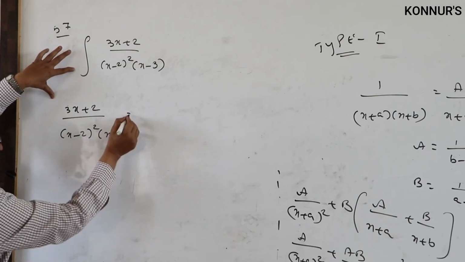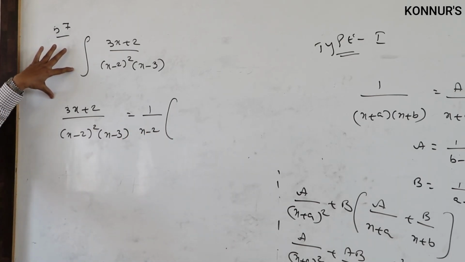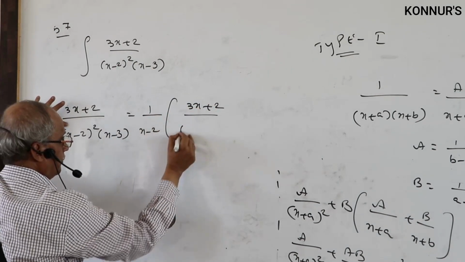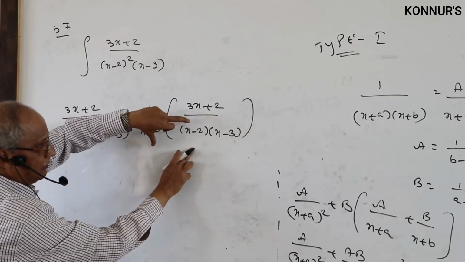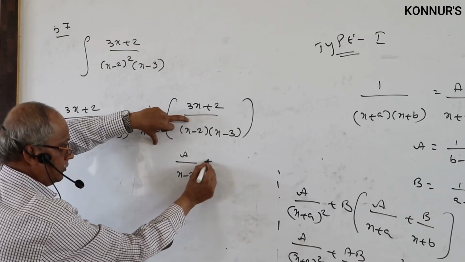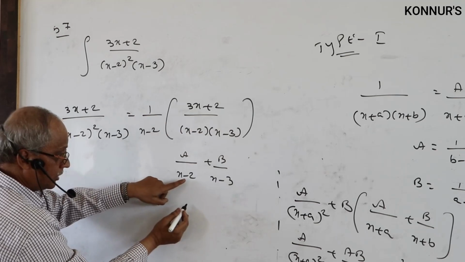Where we have a difficult repeated one, take one outside, one factor outside. The other two are inside only. Like this, you know how to write it. The A value, the B value: A by (x minus 2), B by (x minus 3). How to get the A value? Substitute x equal to 2.